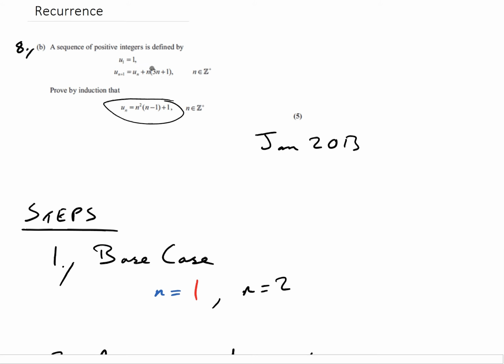But also, because we've been given that the next term is given by the previous term plus this thing here, we need to verify that this also works for U2. So we work out what U2 is, the second term in the sequence. We need to come up with the value of U2 using the recurrence, and then verify that this formula also works for U2.